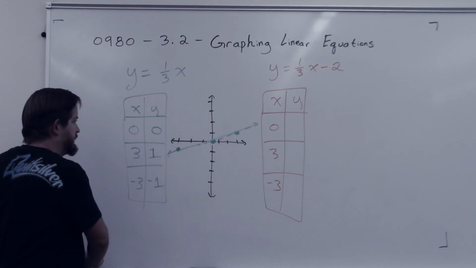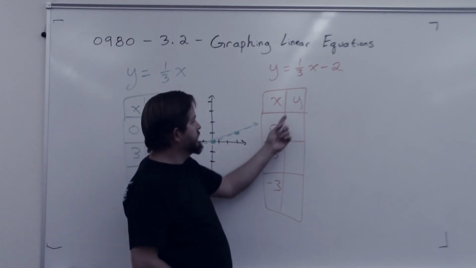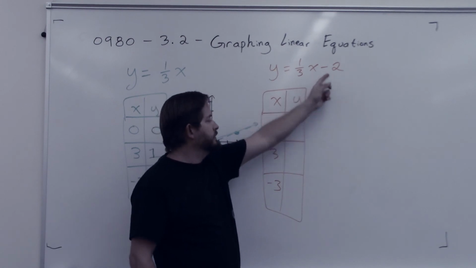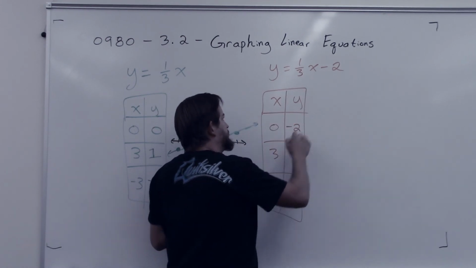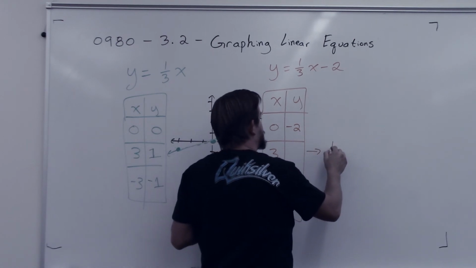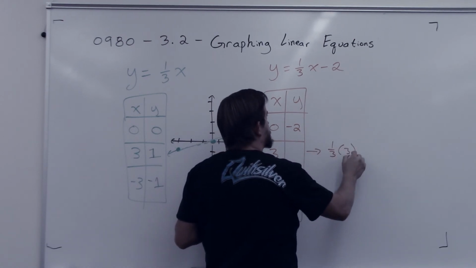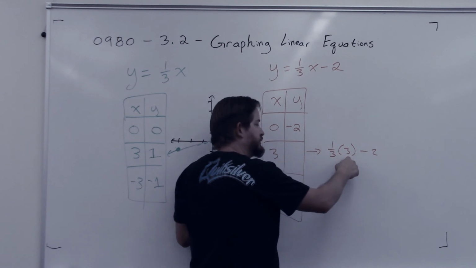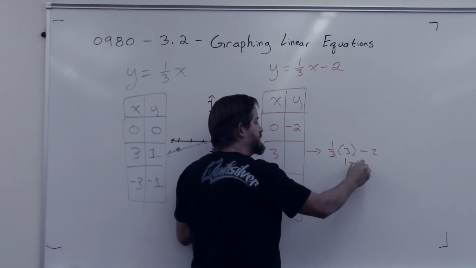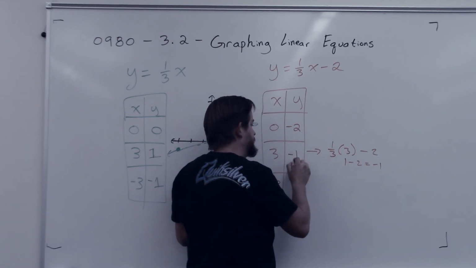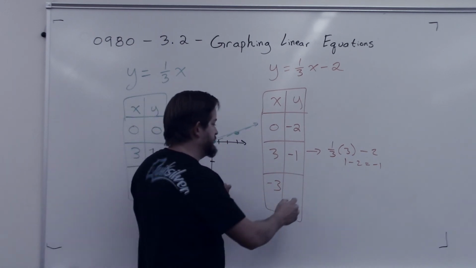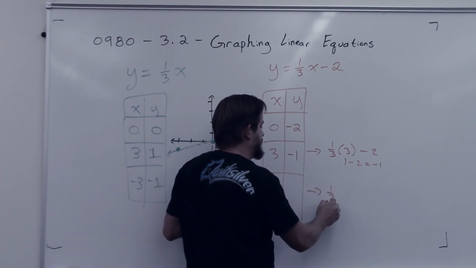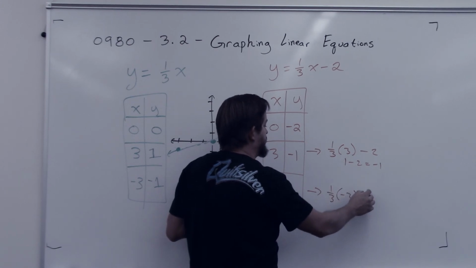Let's figure out this other one. If x is 0, this whole term is 0, so I have 0 minus 2, that's negative 2. If x is 3, then I have 1/3 times 3 minus 2, but 1/3 of 3 is 1, minus 2 is negative 1. And if it's negative 3, this gives me 1/3 times negative 3 minus 2.